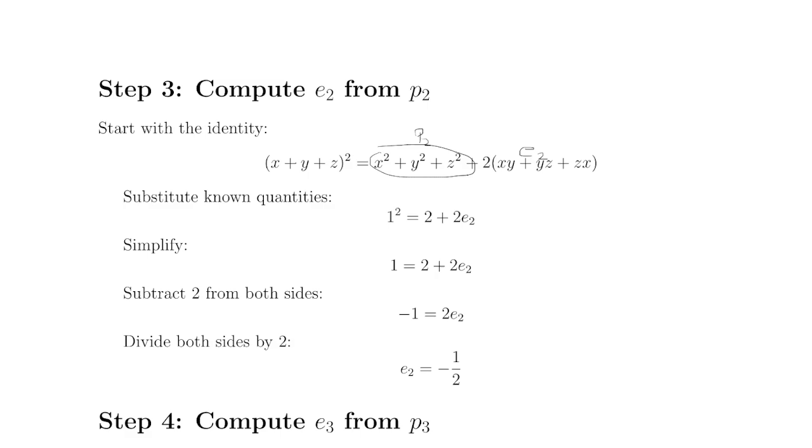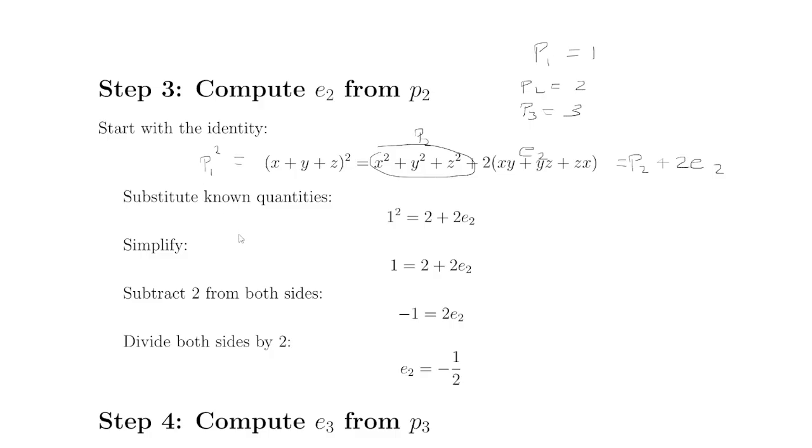So what we have is P2 plus 2E2. And then on this side, we have P1 squared. So P1 is 1. We have 1 squared equals P2, which we said is 2, plus 2 times E2. And so we can solve for E2 to get negative 1/2.